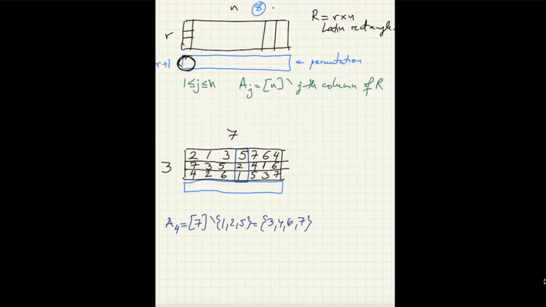That's the set A4, and similarly for the others. So it's clear that the cardinality of A_j is n minus R for every j from 1 to n. And in our case here, the cardinality of A_j is 4 for every j between 1 and 7.